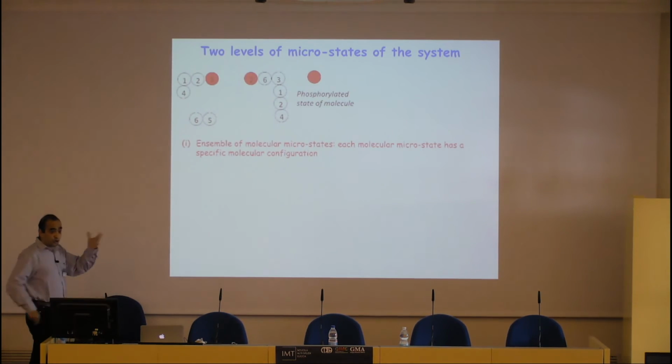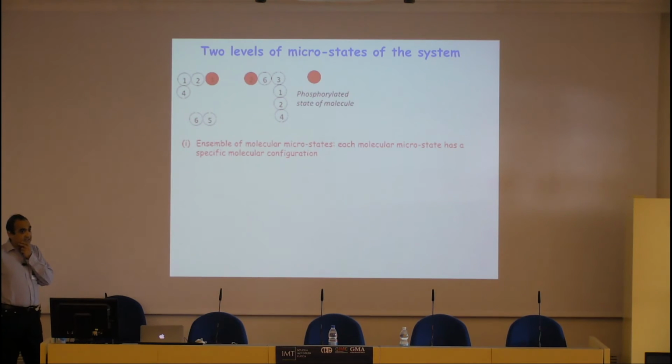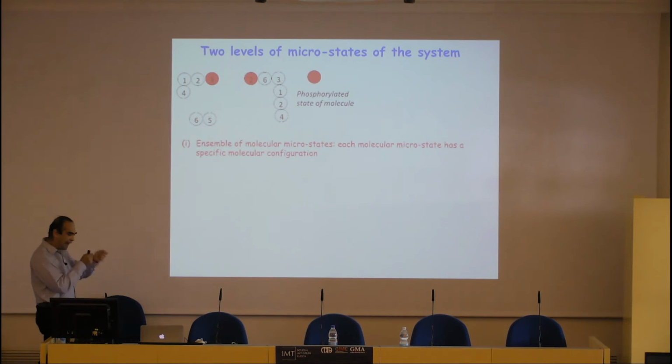So now to come up with the statistical mechanics description, we'll talk about two levels of microstates. A microstate in statistical mechanics is when every possible variable inside the system is described. So one is an ensemble of molecular microstates. What does that mean?